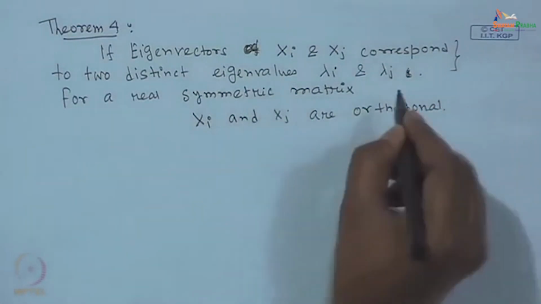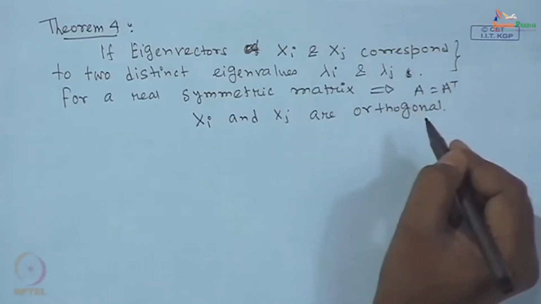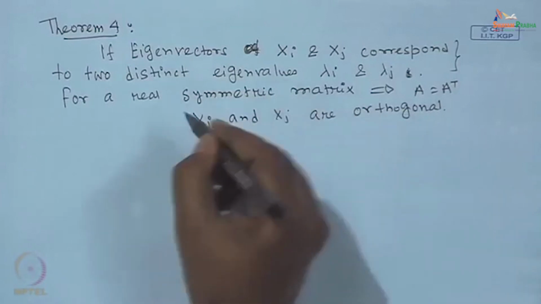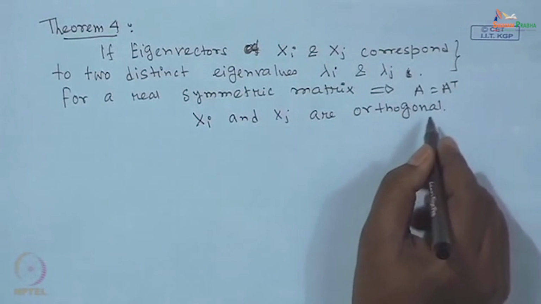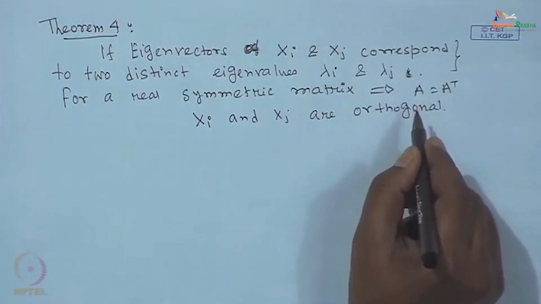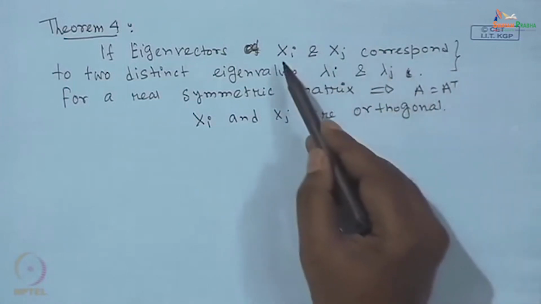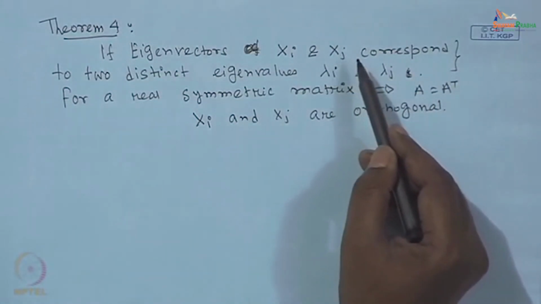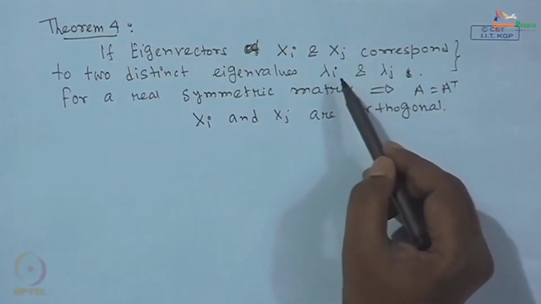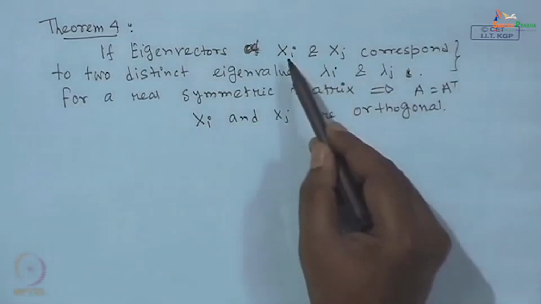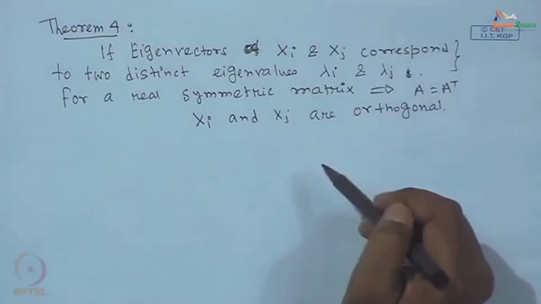And symmetric matrix means A is equal to A transpose. So, what is the proposition in this theorem? It proposes that if we have a real symmetric matrix, that means A is equal to A transpose, and two eigenvectors x I and x j correspond to two distinct eigenvalues lambda I and lambda j, then x I and x j form an orthogonal set. That means they are orthogonal to each other.